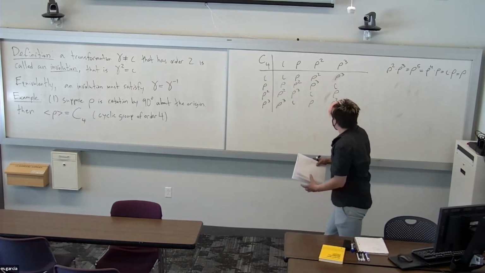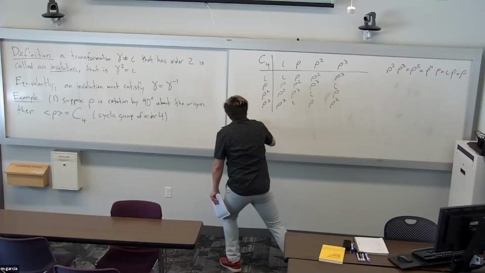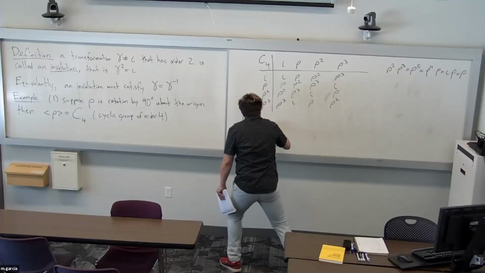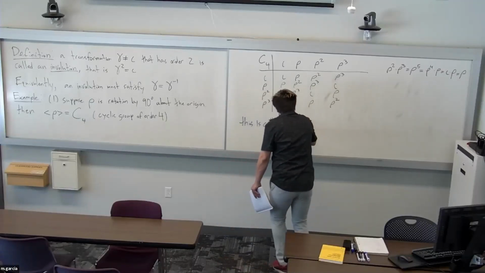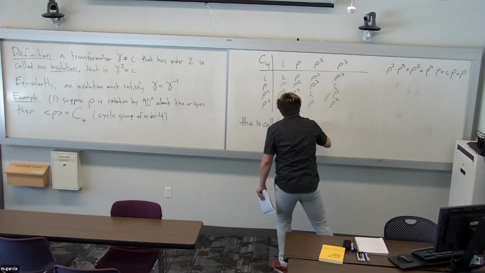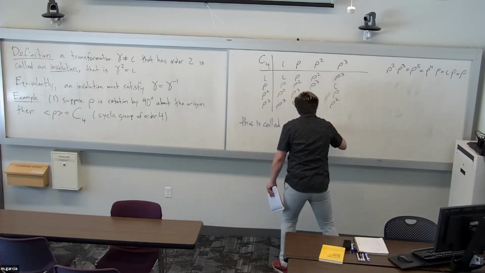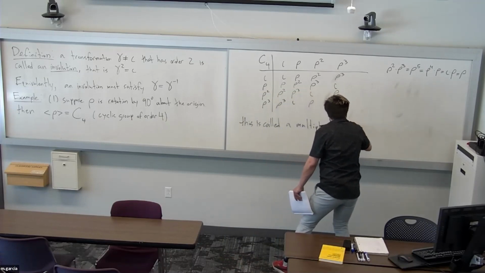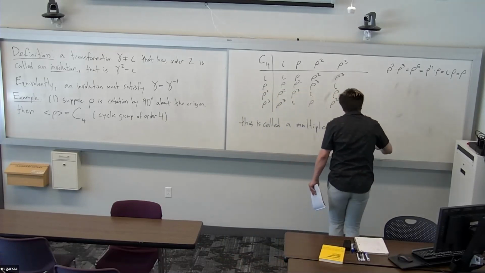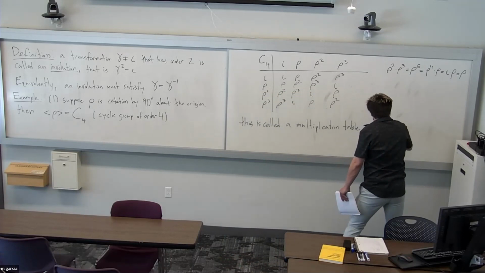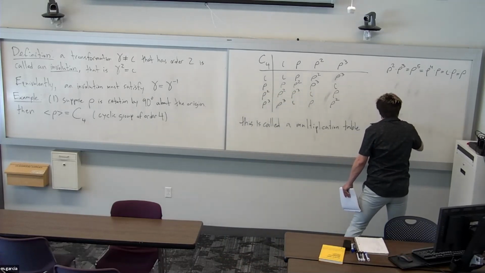So this is called a multiplication table, or Cayley table.